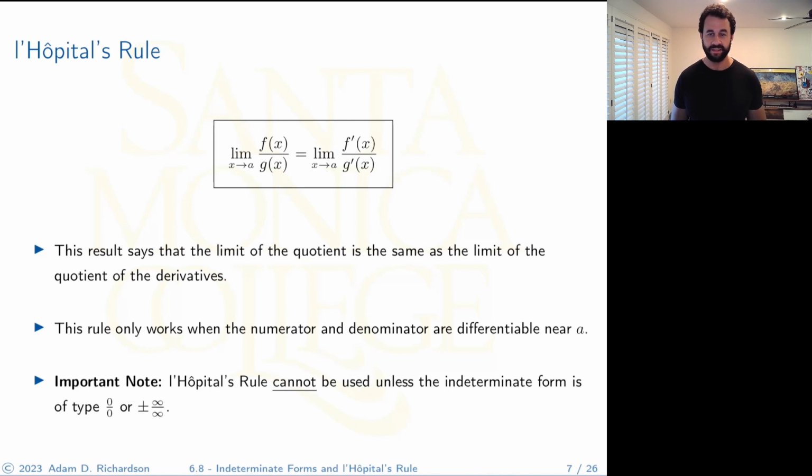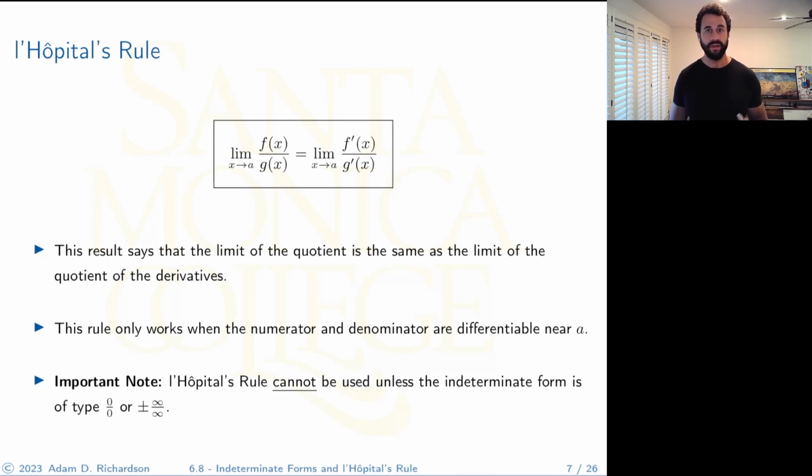This says that the limit of the original quotient that you start with is the same as the limit of the quotient of the derivatives of the numerator and the denominator. So in other words, if you wanted to compute this limit and you had an indeterminate form of type 0 over 0 or infinity over infinity, you could differentiate the numerator and the denominator separately and compute that limit instead.